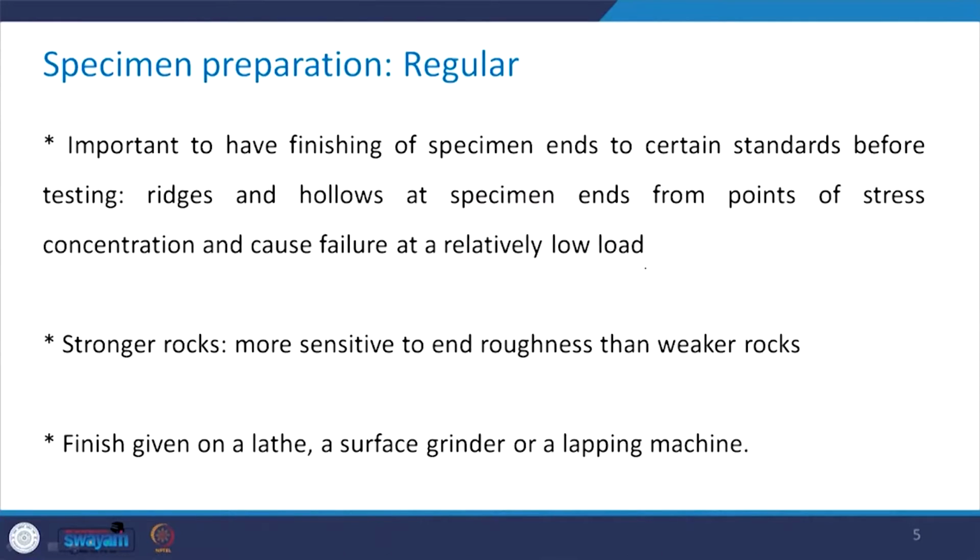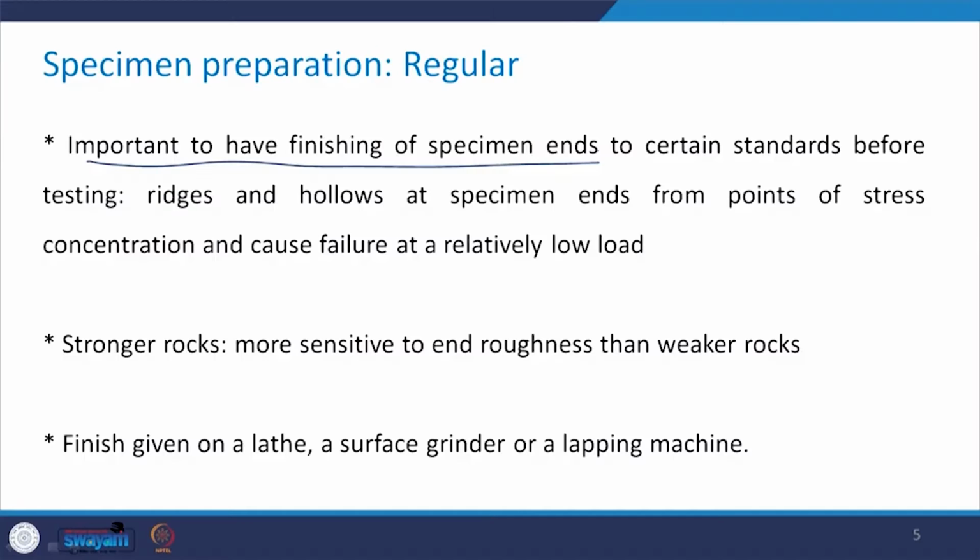Now when we are cutting, when we are drilling, the ends of the specimen may not be smooth, or there may be some ridges or hollows at the specimen ends. So we need to be careful about that. It is very important for us to have the finishing of the specimen ends. Let us say this is the specimen.